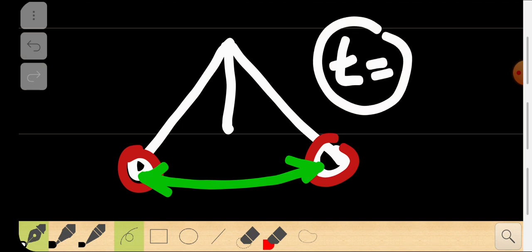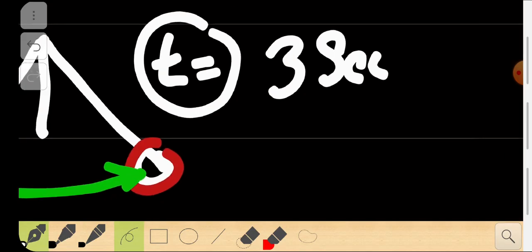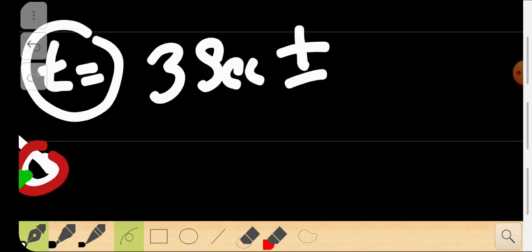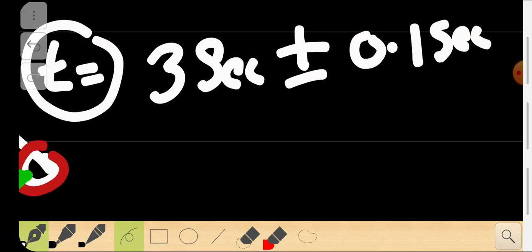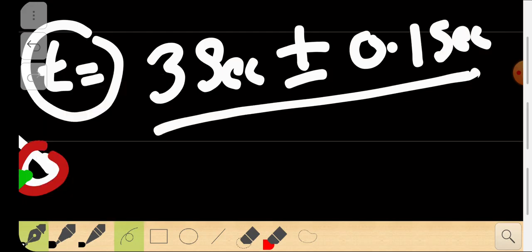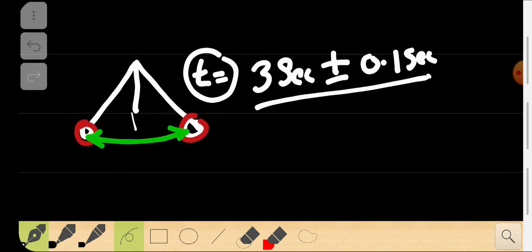If you measure the time, say 3 seconds, then you can say that there is an error in your measurement, because what I mean by an error is that you have an uncertainty in your measurement, that you're not sure, with an uncertainty of say 0.1 seconds. So you cannot measure any better than that kind of accuracy. That's basically what error means.